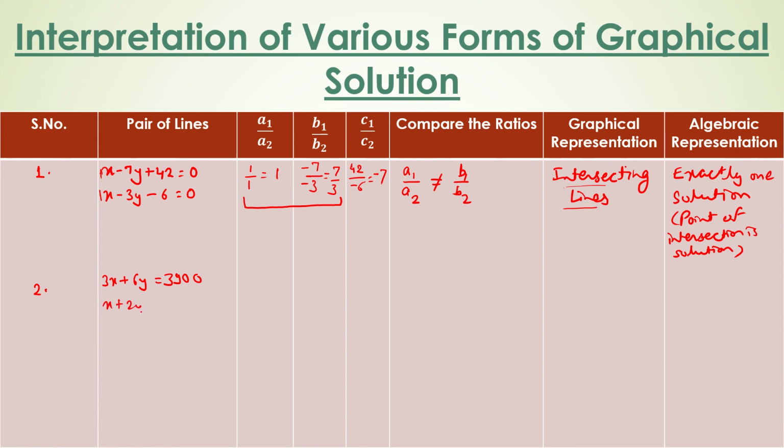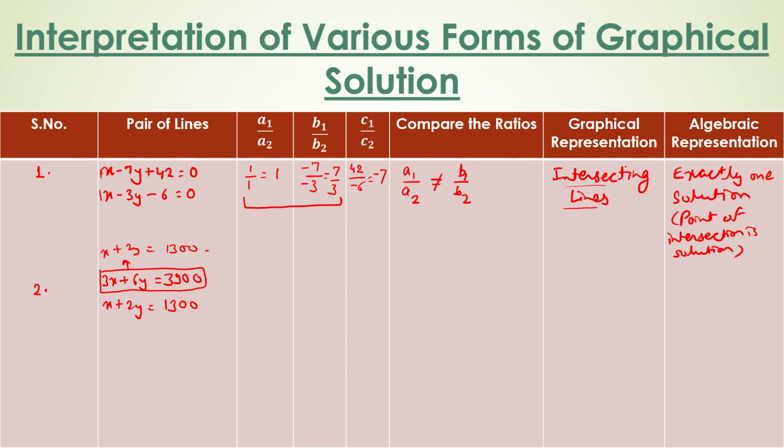Now let us take the second case, where we had the equations 3x plus 6y equals 3900, and the second equation was x plus 2y equals 1300. It was also observed in the second case that the simplified form of the first equation was x plus 2y equals 1300.